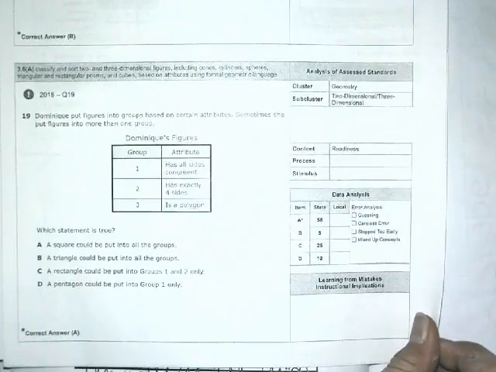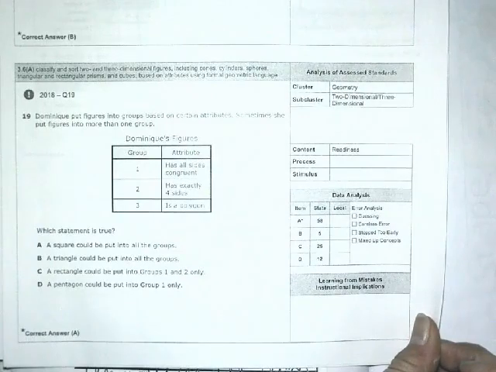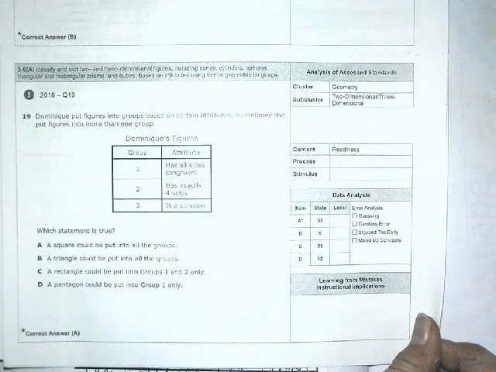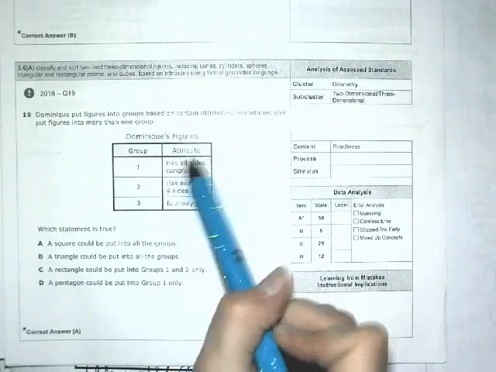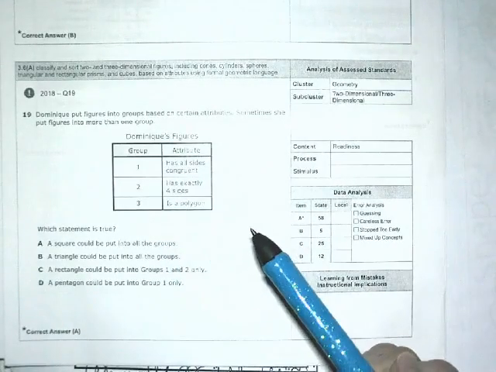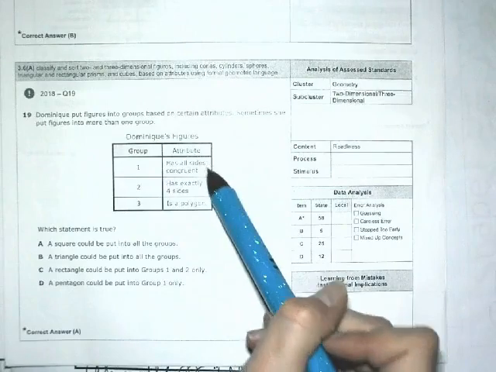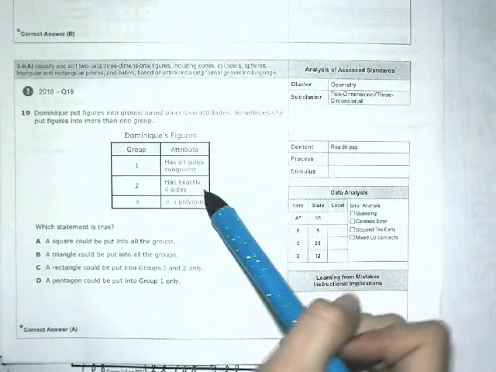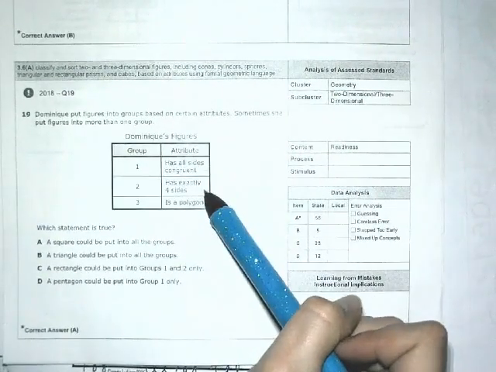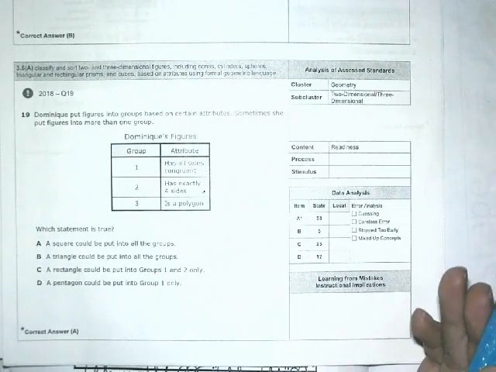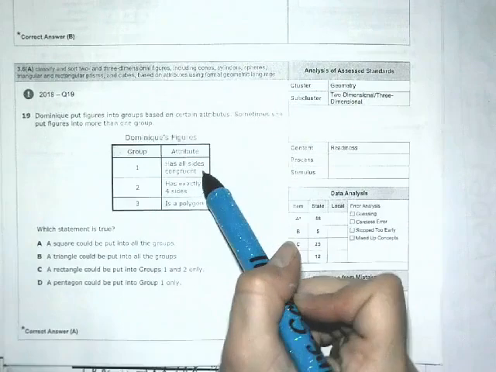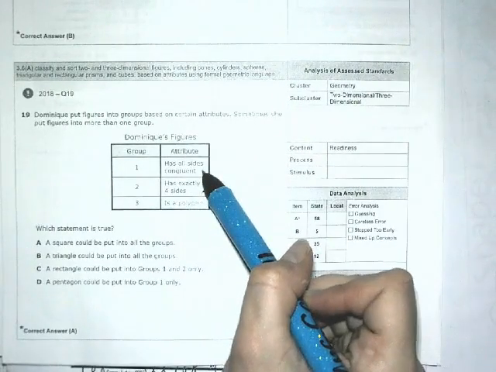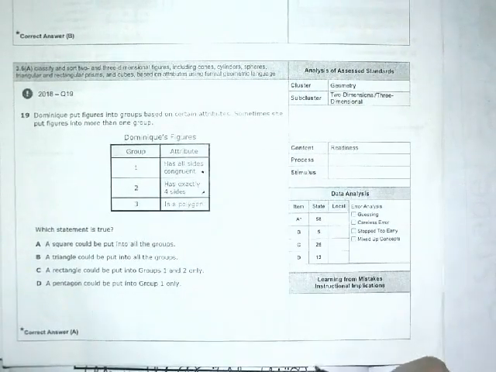Here's another one, and it asks them which of the statements is true based on how they grouped the shapes. Okay, so the shape has all sides that are congruent. It has 4 sides, so I know already that it's going to be a quadrilateral, and I know it's either going to be a square or a rhombus because of the fact that all of the sides have to be congruent.